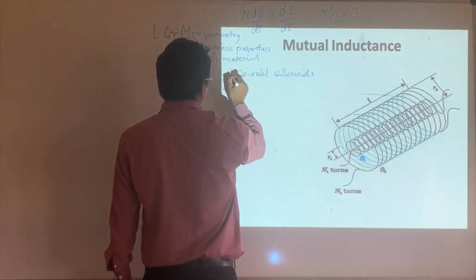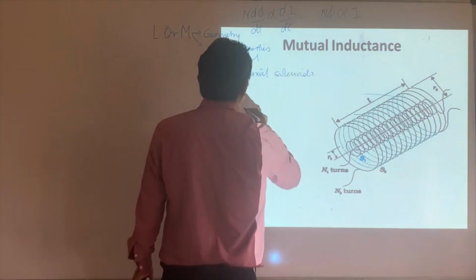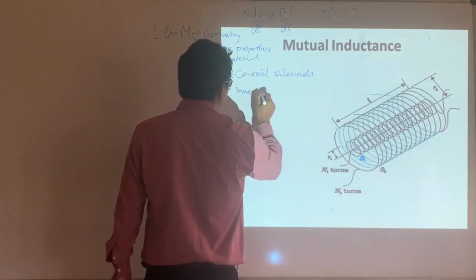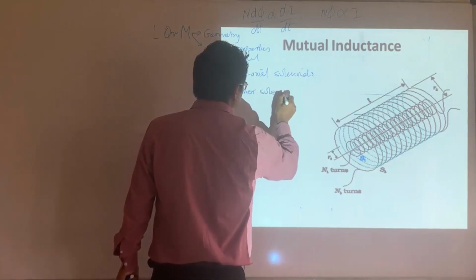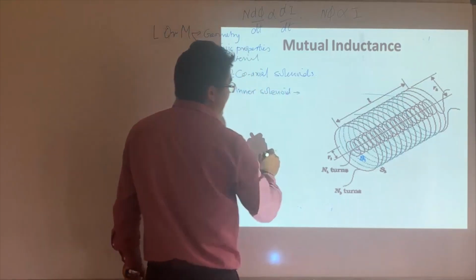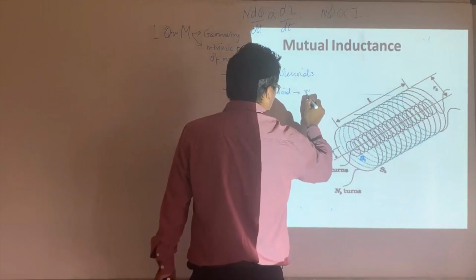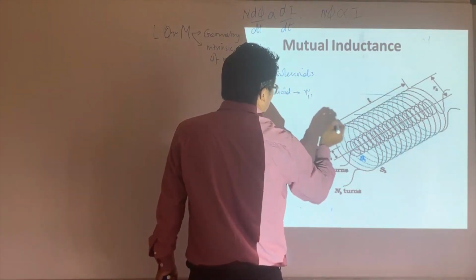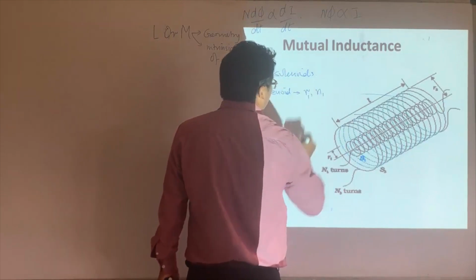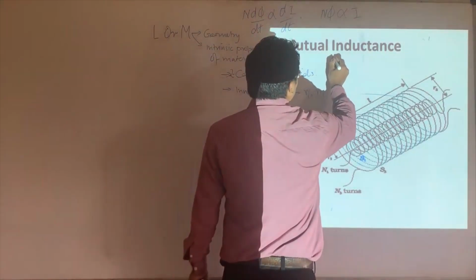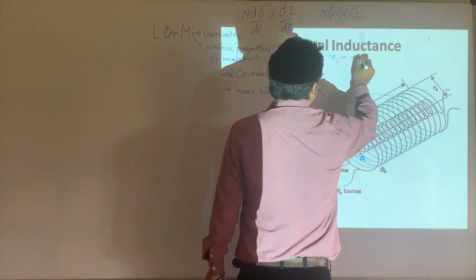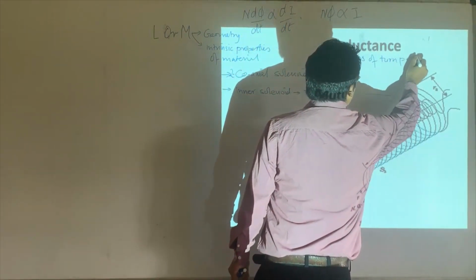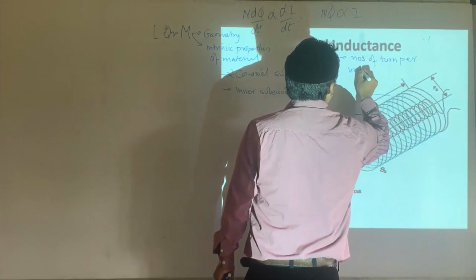Let's say the inner solenoid has radius R1 and a number of turns per unit length, N1.